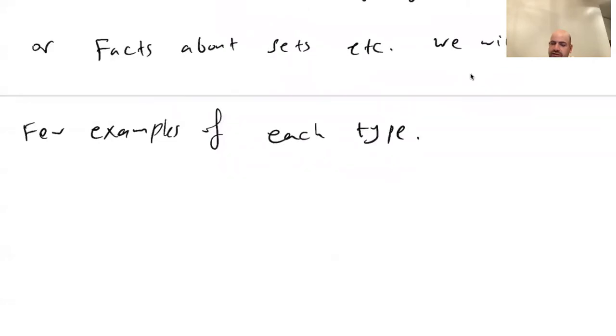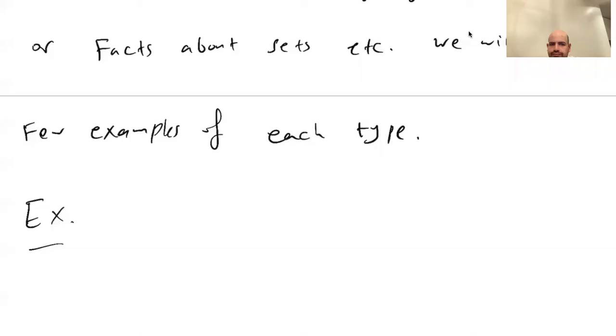So for equalities, we already proved one equality, which was the very standard identity, 1 plus 2 all the way to n equals n times n plus 1 over 2. Now let's look at another example of that type.